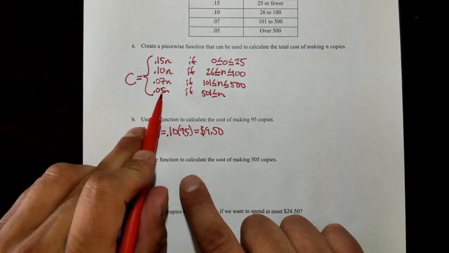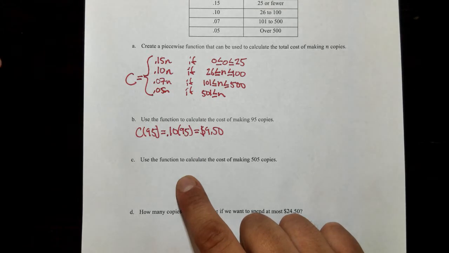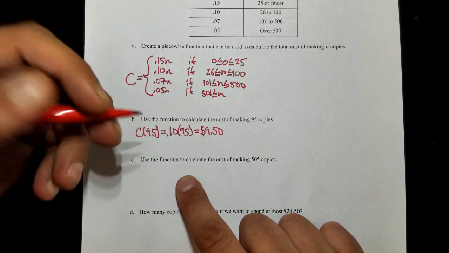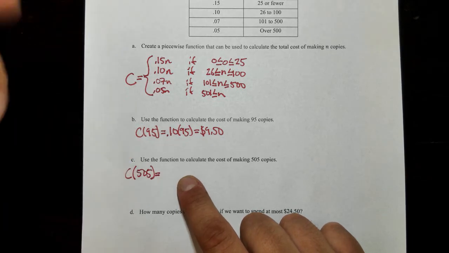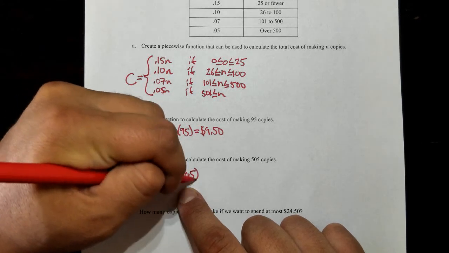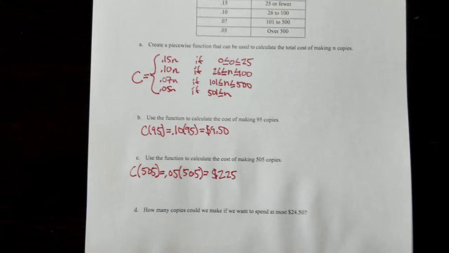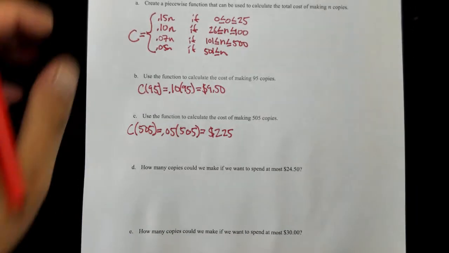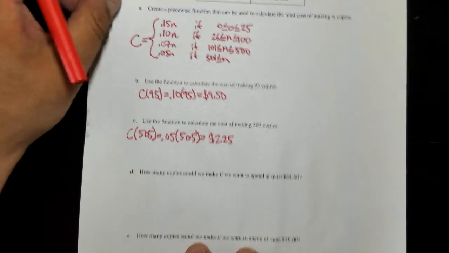That would obviously be the last rule, for 501 or over. So C of 505 is equal to 0.05 times 505, which gives us $25.25.